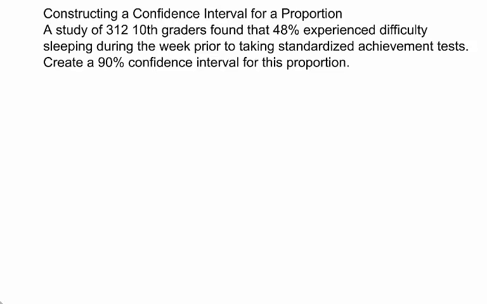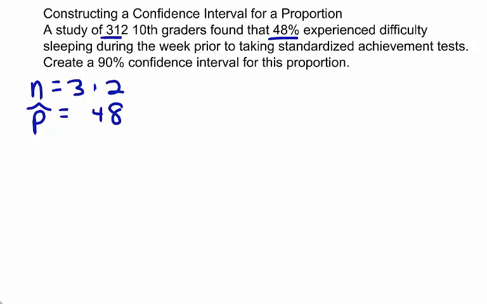To create our confidence interval, we need to begin by identifying our sample size, which in this case is 312. Sample size is represented as n, so I'll write n equals 312. I need to also identify p hat, which is our sample proportion. In this case, p hat is equal to 48%, which I'll write in decimal form as 0.48.